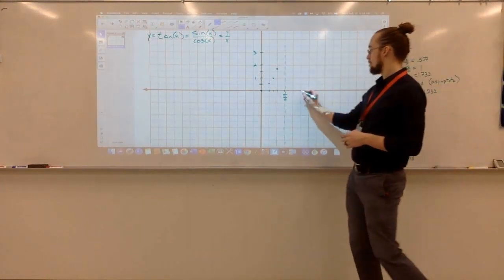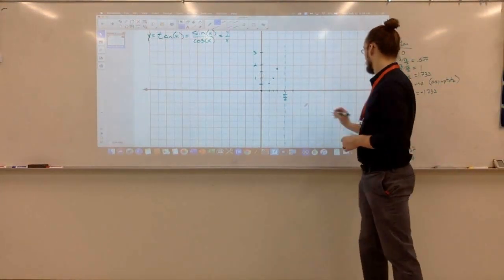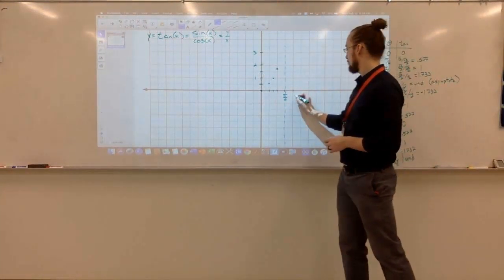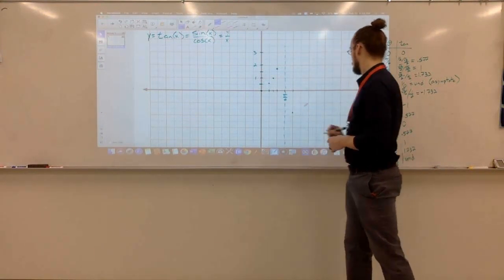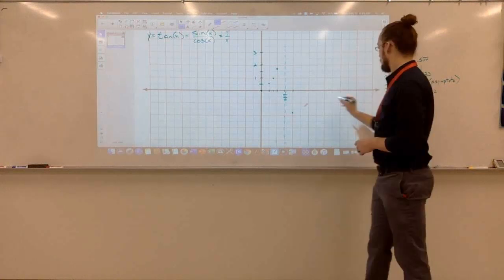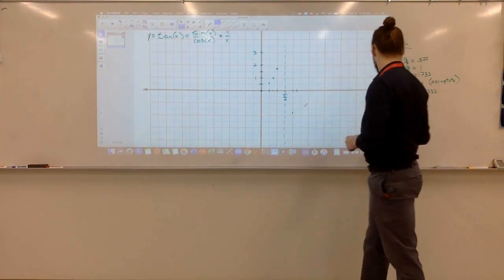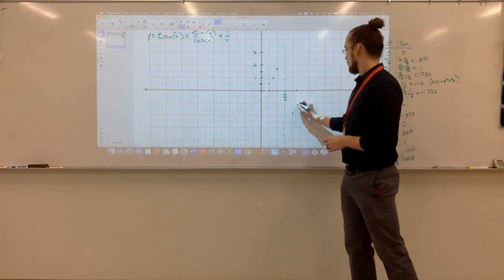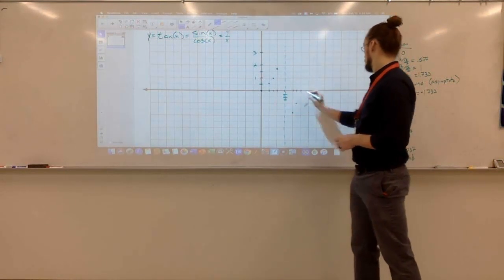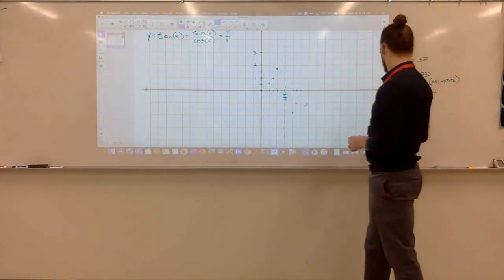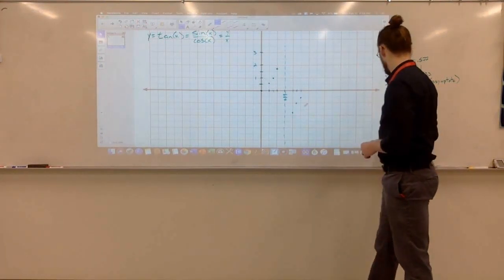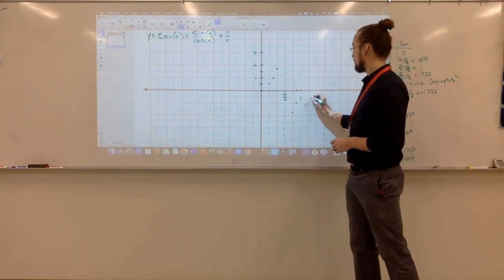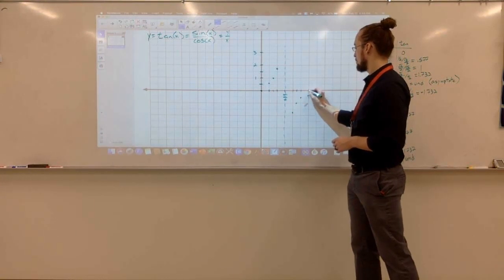Then at 2 pi over 3, we're going down to negative 1.7 something. At 3 pi over 4, we're at negative 1. At 5 pi over 6, negative 0.577. At pi, we're at 0.